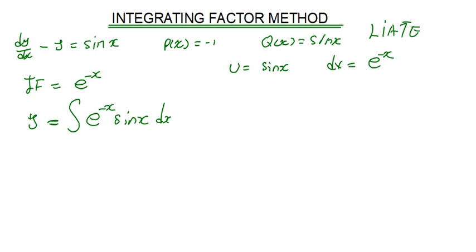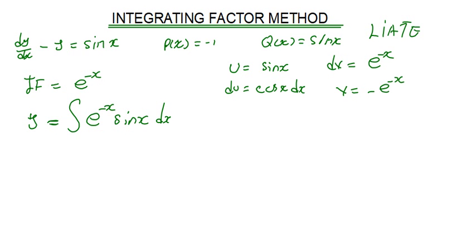So du will be equal to cos x dx. Meaning our v, we integrate that, is going to give us minus e to the minus x.